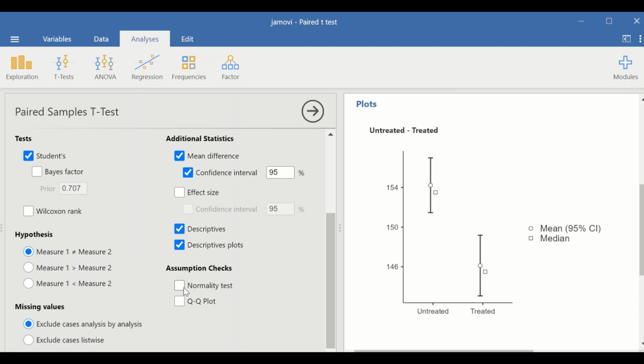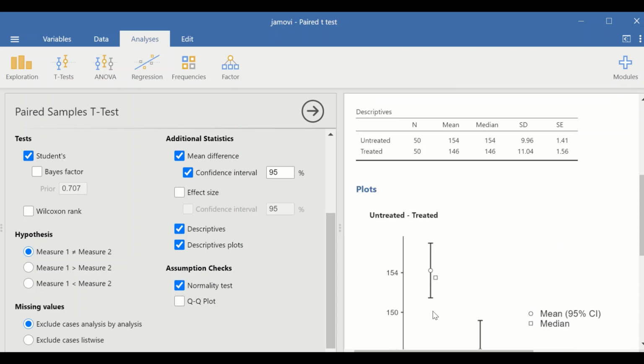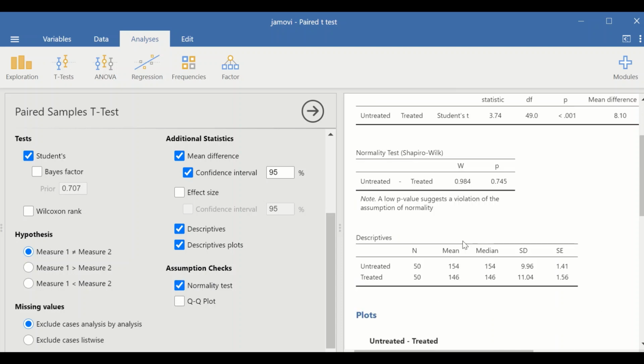We could also tick the assumption check for the normality test, which is shown here, where the p-value is greater than 0.05. This shows that the difference between the untreated and treated is normally distributed, as the p-value is greater than 0.05.